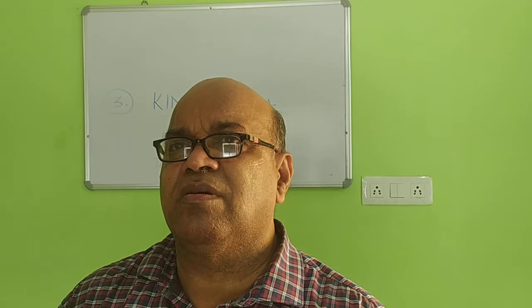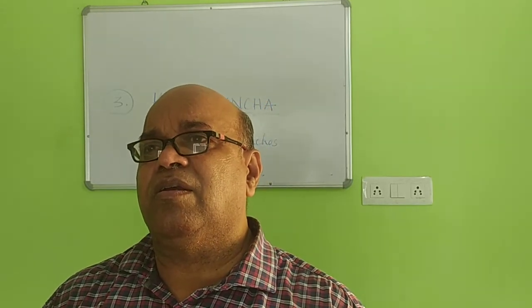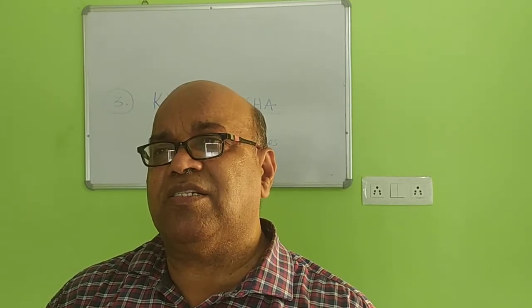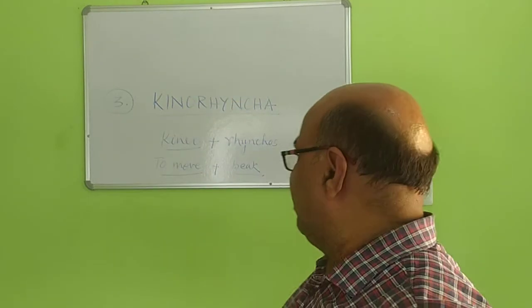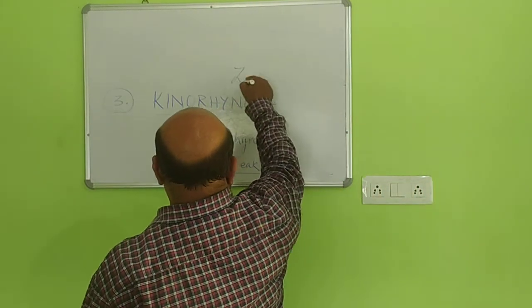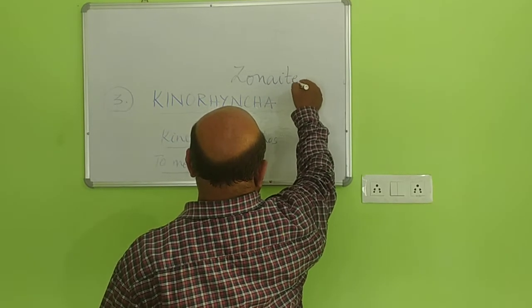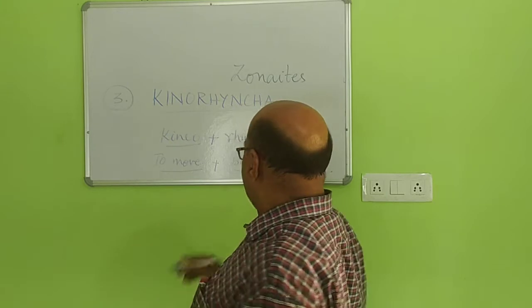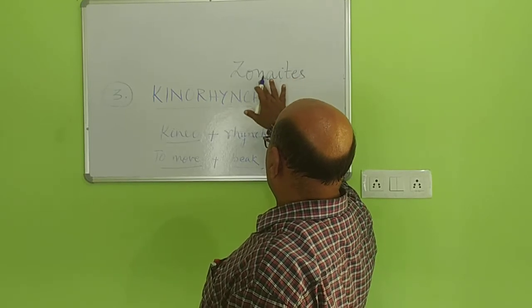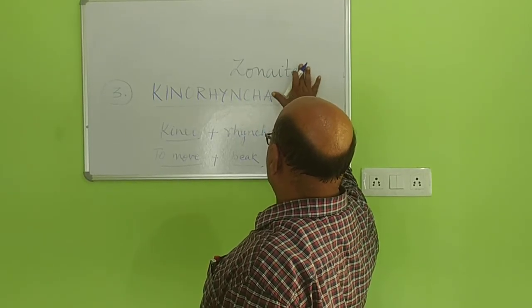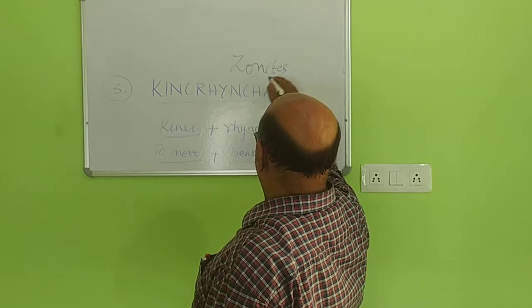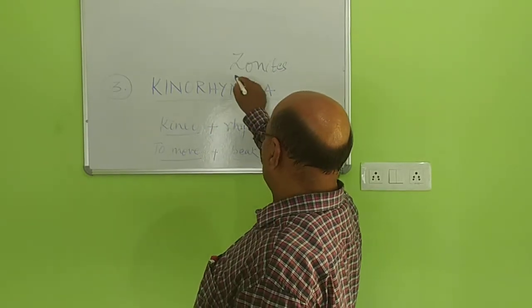Again listen: superficial segmentation of the body into 13 to 14 overlapping rings, which are named zonites, Z-O-N-I-T-E-S. Zone or zona means segment. This is called zonites.